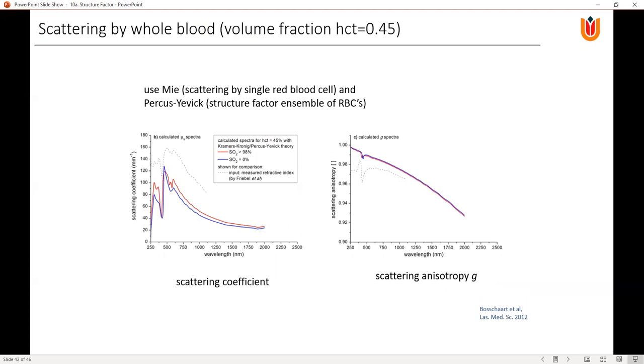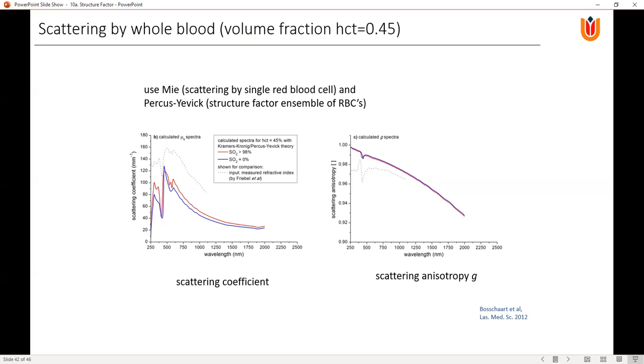What you see in this graph is the solid curves in red and blue, which are Mie calculations for oxygenated hemoglobin in red and deoxygenated hemoglobin in blue, using just the absorption coefficient, doing the Kramers-Kronig, and then doing a Mie calculation just to see if that works.